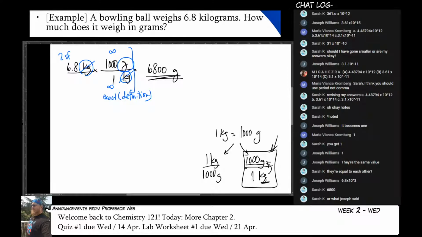Remember that anything that's metric to metric is a definition. There are 1,000 grams in a kilogram by definition. So those are exact numbers. They have an infinite number of sig figs. The one that constrains our result is the number we started with. So our answer will have 2 sig figs as well. And so 6,800 has 2 sig figs. We've done the problem correctly.